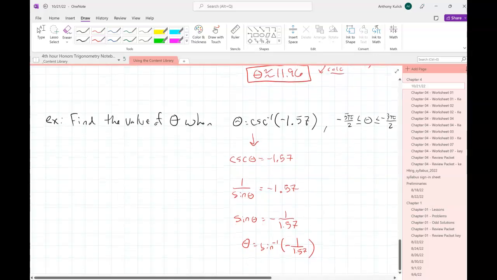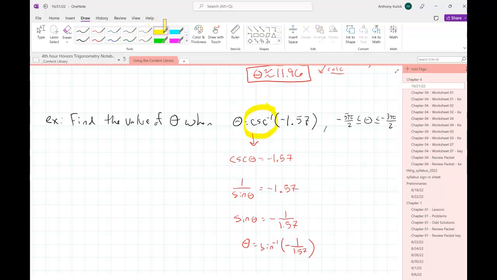Why did I bother doing that? Do I have a cosecant inverse button on my calculator? I do not. I do not. So I do need to start by writing it in terms of a sine, cosine, or tangent. Notice though, what did I really do?